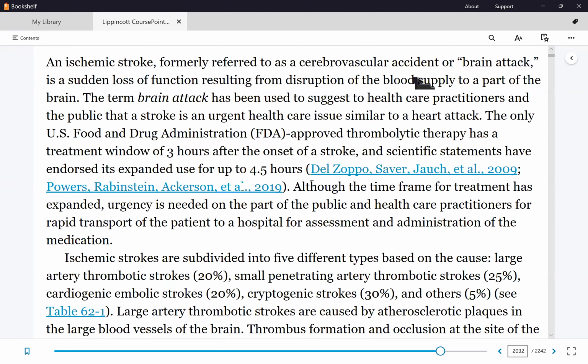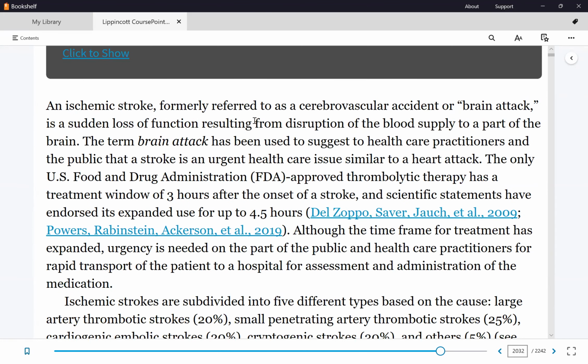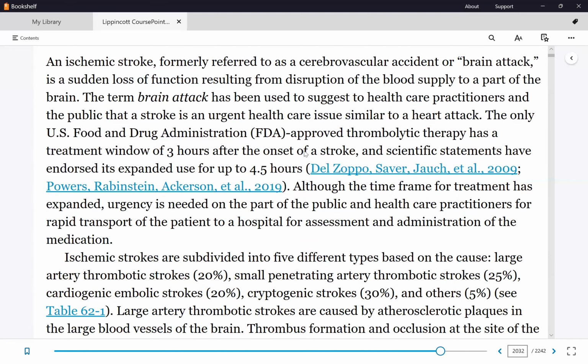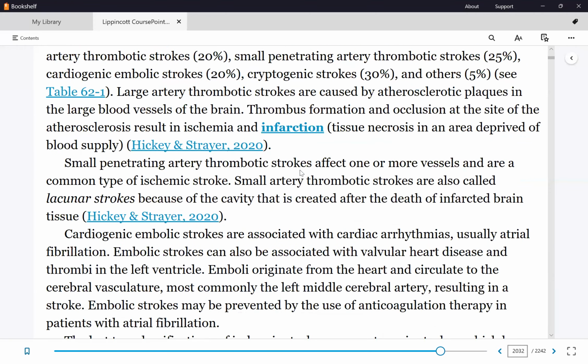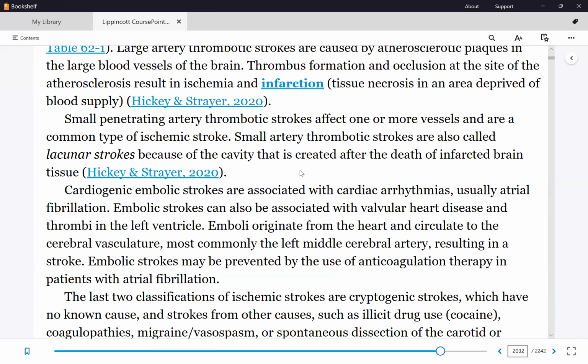Let's start with the risk factors. We discussed this earlier in Skills Lab. Let me go back to the other one because it's simpler.